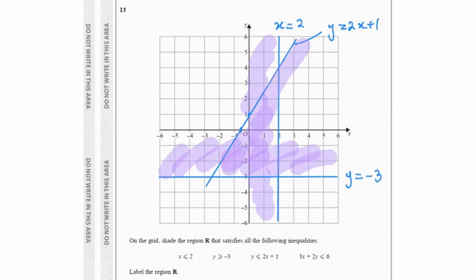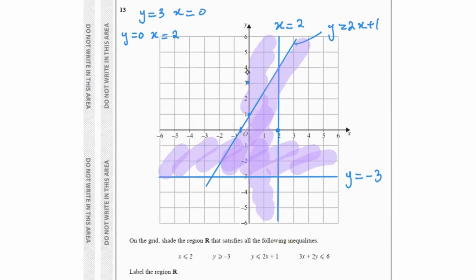And for the last one, 3x plus 2y is less than or equal to 6. So if you put x equals 0, we get y equals 3 when x is 0. And when y is 0, x is 2. So this is one point. y is 3, not 6. This is the other point.